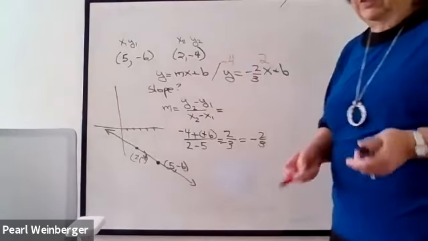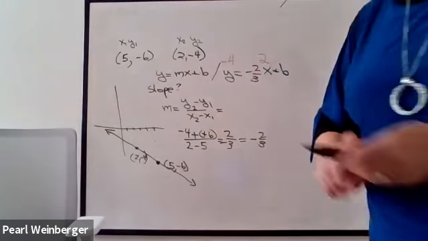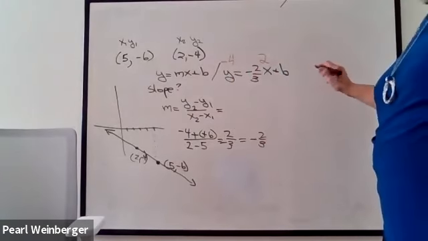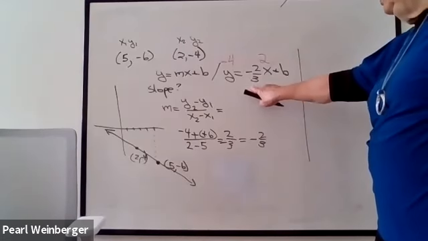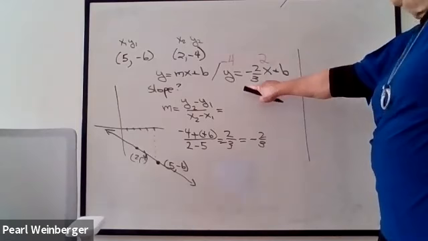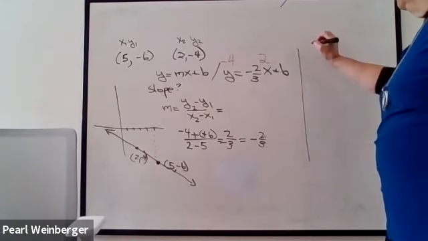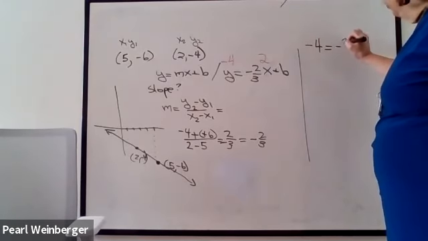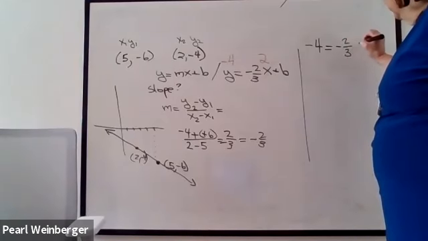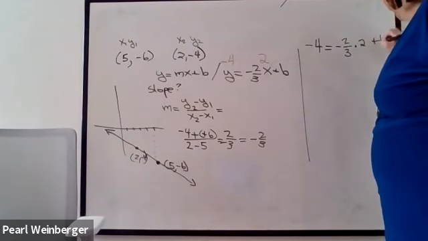Once I've done that, it sometimes is a little bit of a difficult situation because we're going to be dealing with fractions very often. We get -4 equals negative 2/3 times 2 plus b.